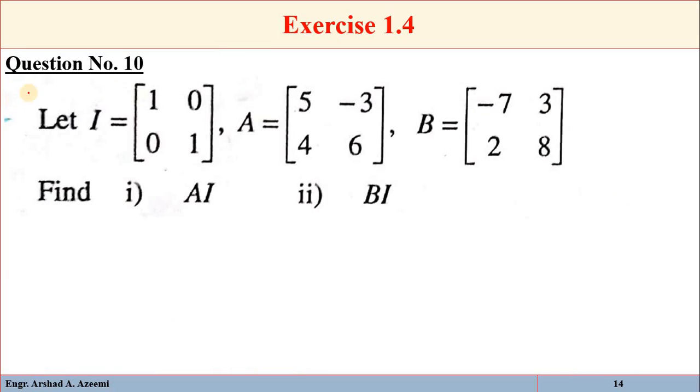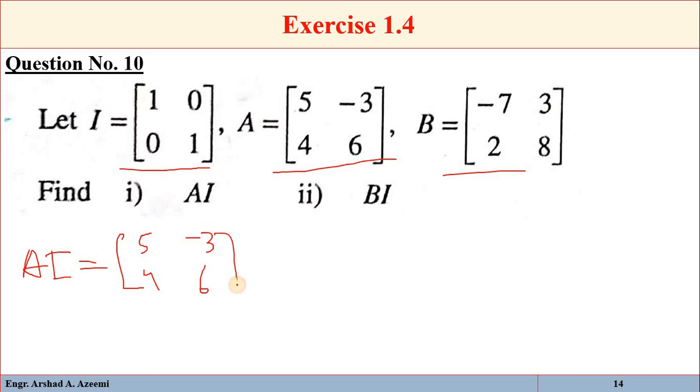Question number 10. This is the identity matrix. A is this one and B is this one. So find AI, A into I. That is equal to 5 minus 3 4 6, multiplied by 1 0 0 and 1. Now just multiply, first row with first column. So 5 multiplied by 1 is 5, minus 3 multiplied by 0 is 0.